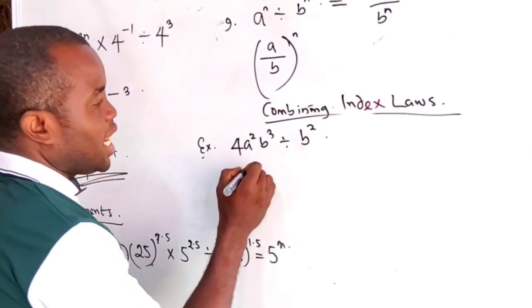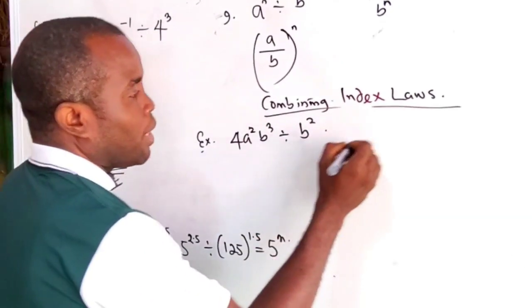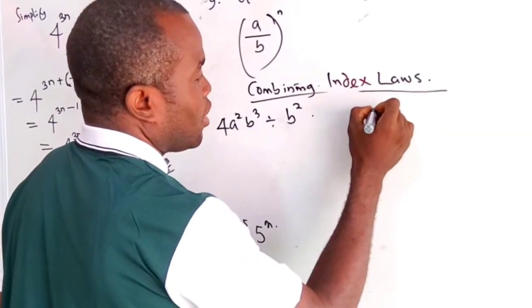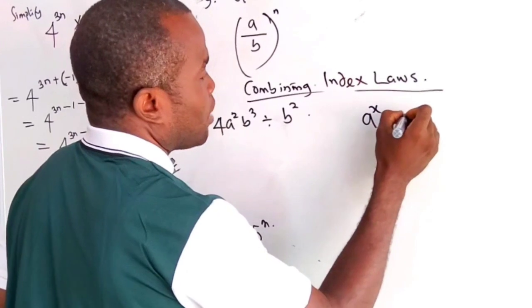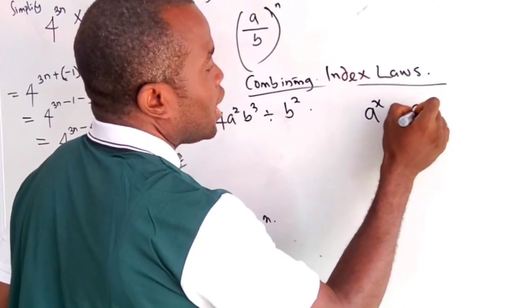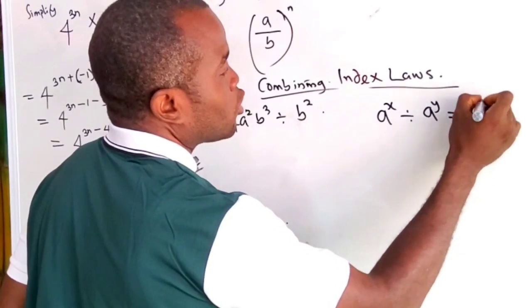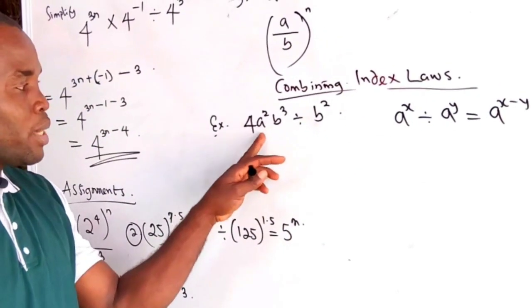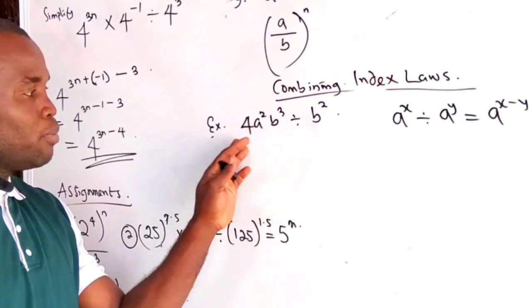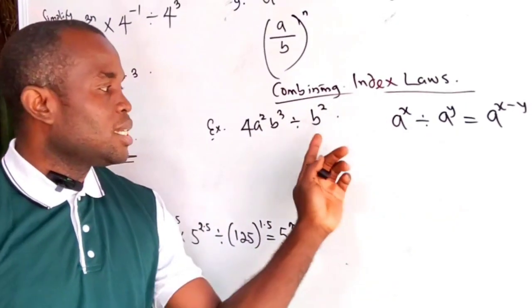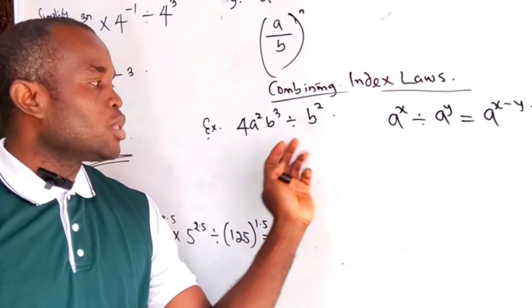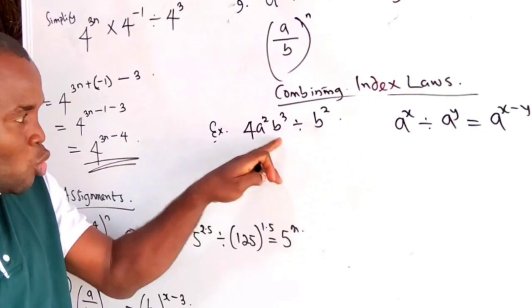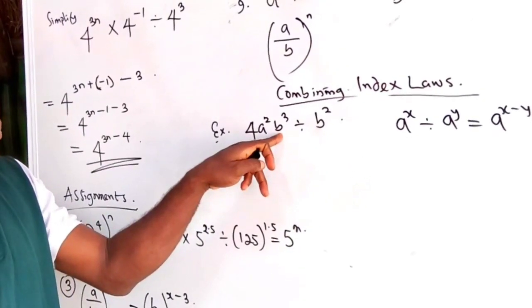So what you do here is remember the law that says that if you have the same base, a raised to power x divided by a raised to power y is the same thing as a raised to power x minus y. But now this time around, since there is multiplication between all these variables and the coefficient, the base b here will only be affecting the base b that you have here.